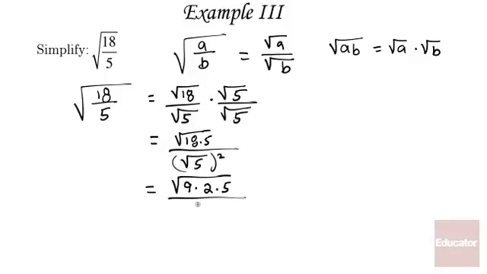So I can just change this to 5. Next step, separate out the perfect square that I had. Now, take the square root of 9, that's 3.